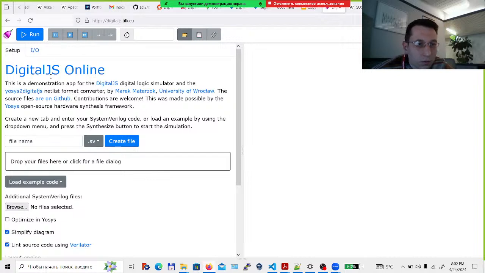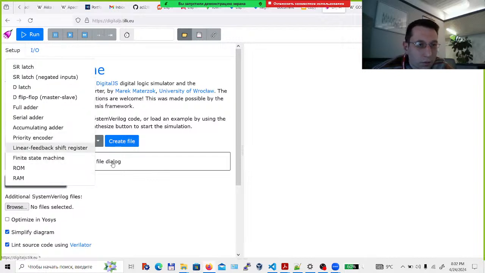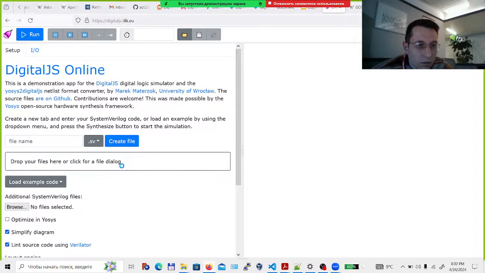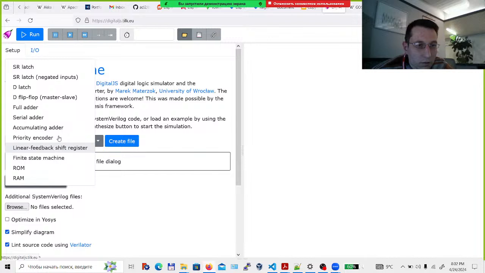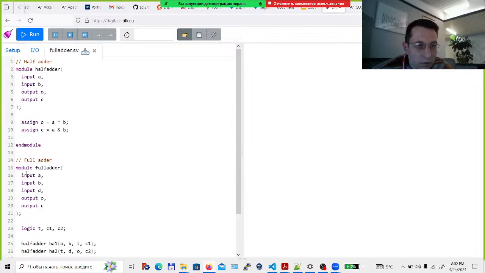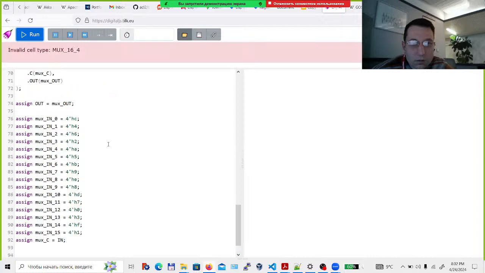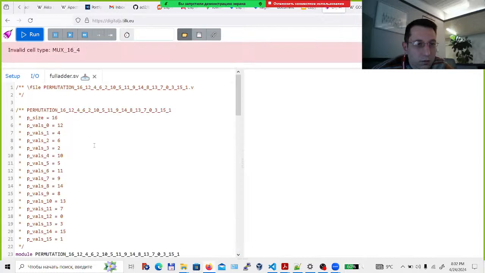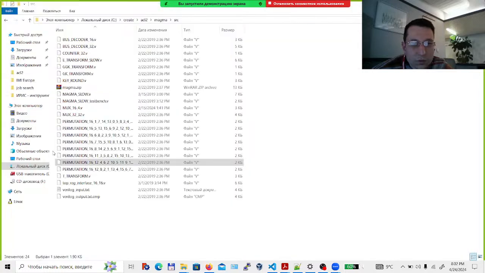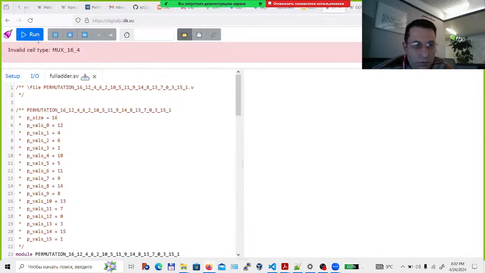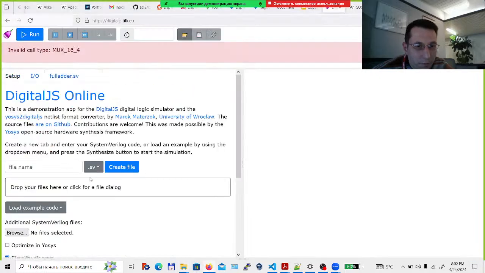So let's begin. Load some, sorry. Okay, full header, paste and run. Okay, we have to define the MUX, which is a part of our project. Let's do it in another way.